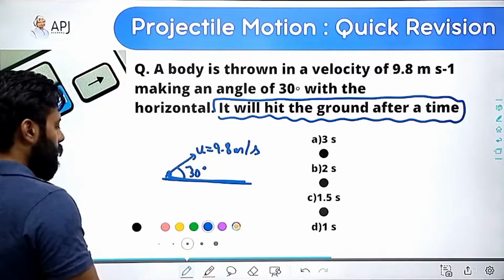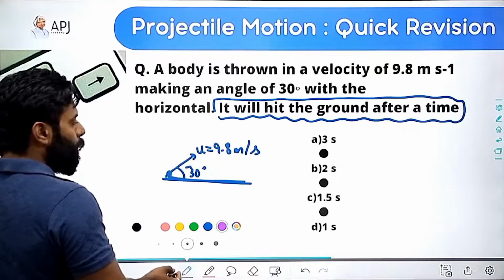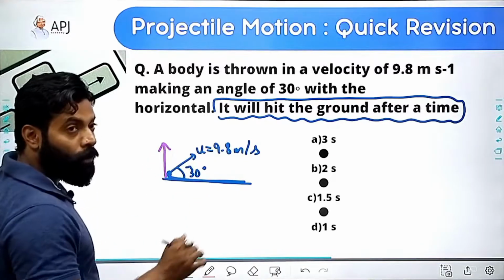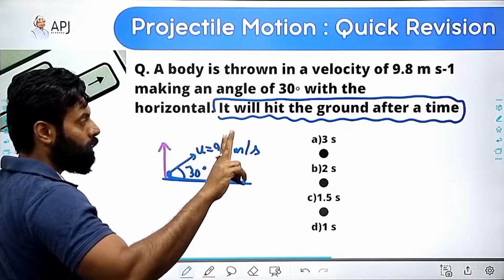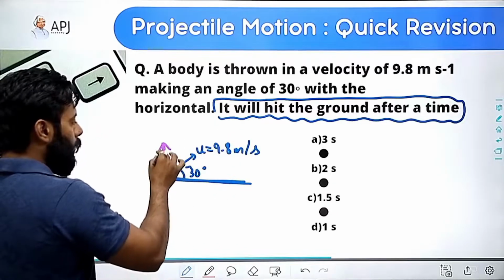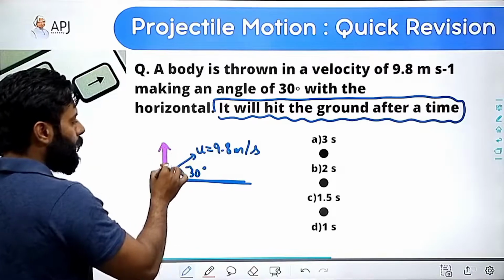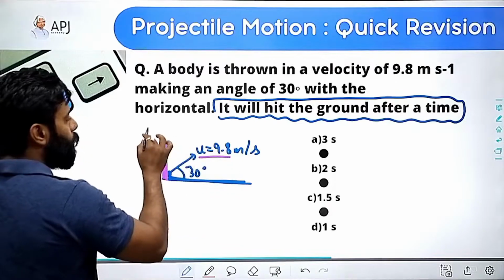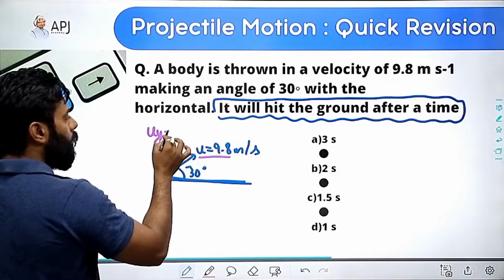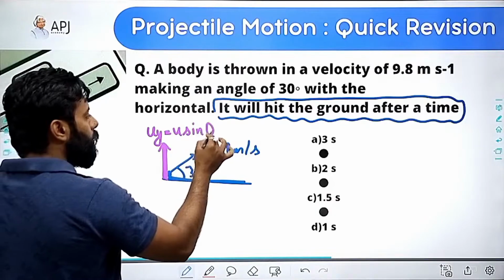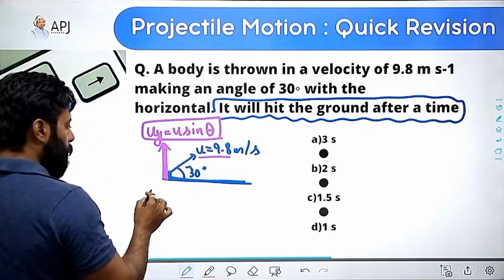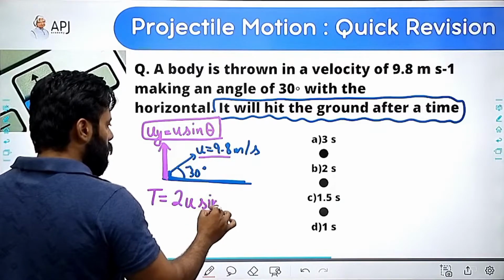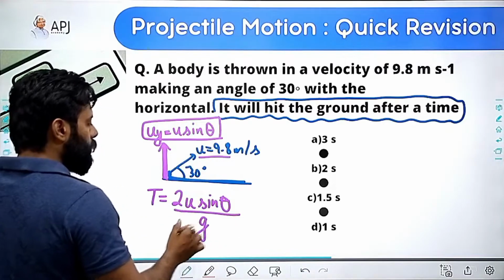I told you that whenever you see these types of numericals, you have to think only in terms of the two axes, x-axis and y-axis, right? So the time will depend upon the y-axis. If I resolve this vector along the y-axis, then the speed will be u sine theta, and the time will be 2u sine theta divided by g.